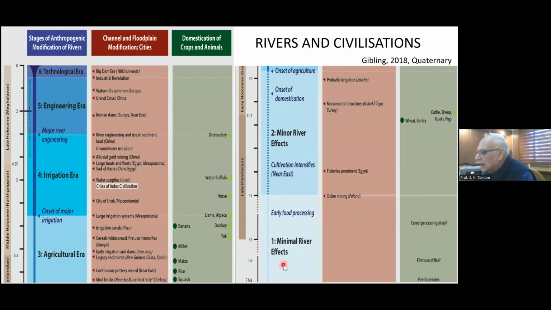You see, there is a period of about 15,000 years or so when you have minimal river effects. Then you have minor river effects starting in the latest Pleistocene. But then comes the onset of agriculture in the early Holocene, the agricultural era, then the irrigation era, the engineering era, and the technological era.